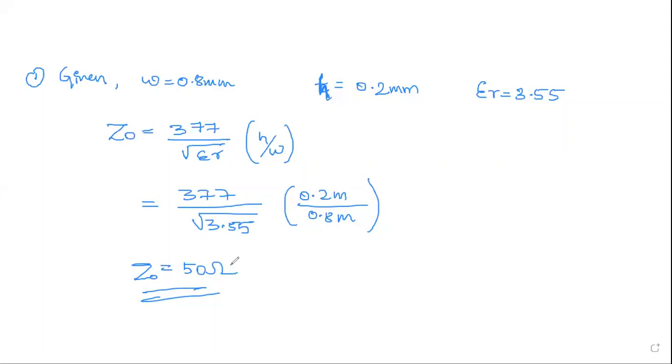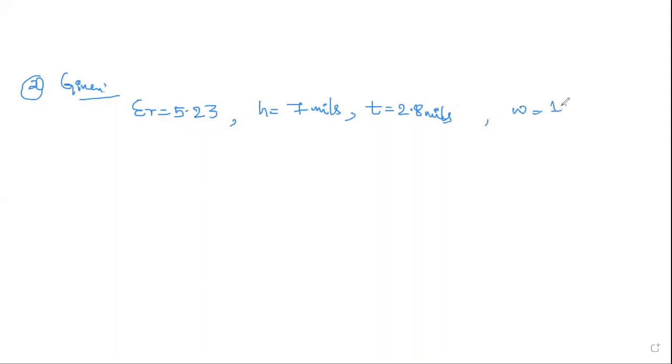Okay, write down one more problem. A certain microstrip line has following parameters, that is epsilon r is equal to 5.23, h is equal to 7 mils, t is equal to 2.8 mils, w is equal to 10 mils.